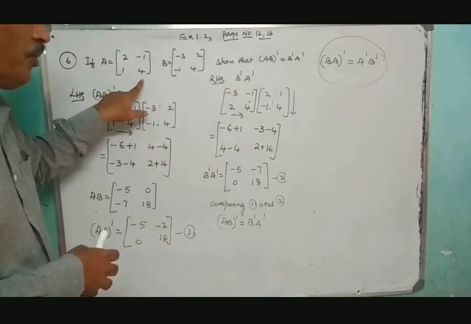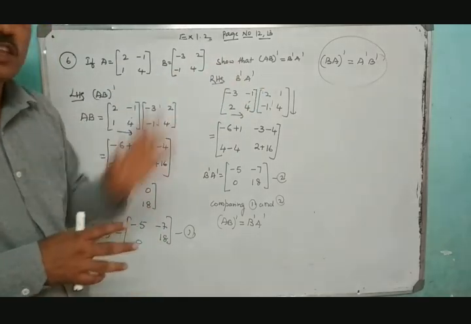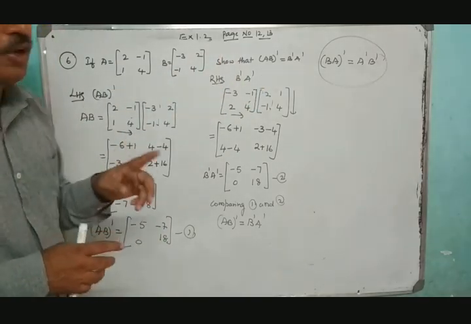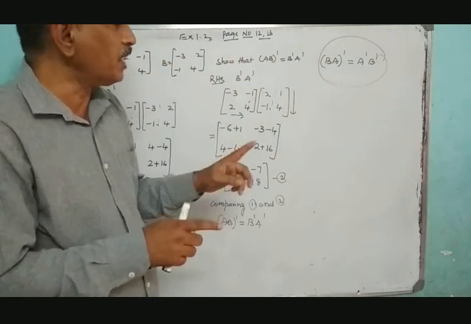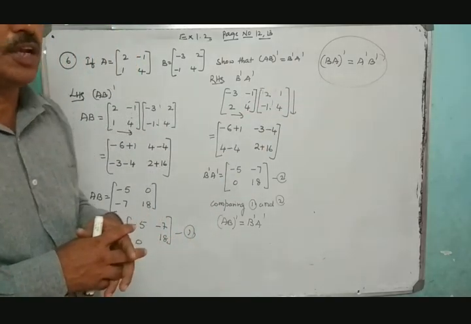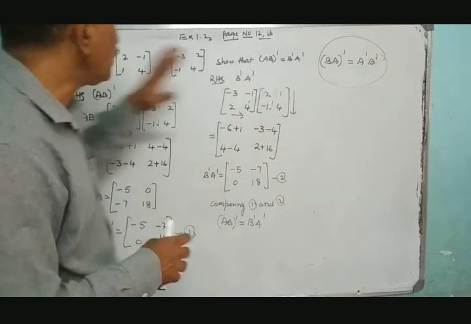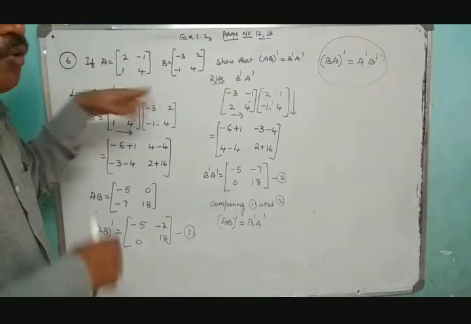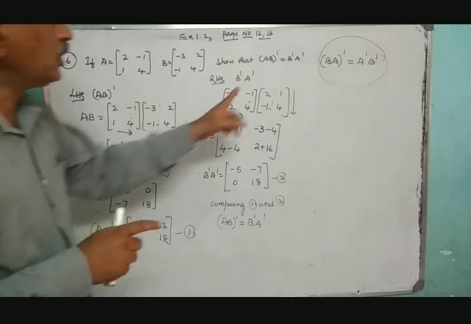Suppose instead of 4, if you take 2 here, still this will be proved. Remember, always (AB) whole transpose will be equal to B transpose A transpose. So this proof is always correct, irrespective of the elements. Whatever elements you take, of your wish, still this will be proved.